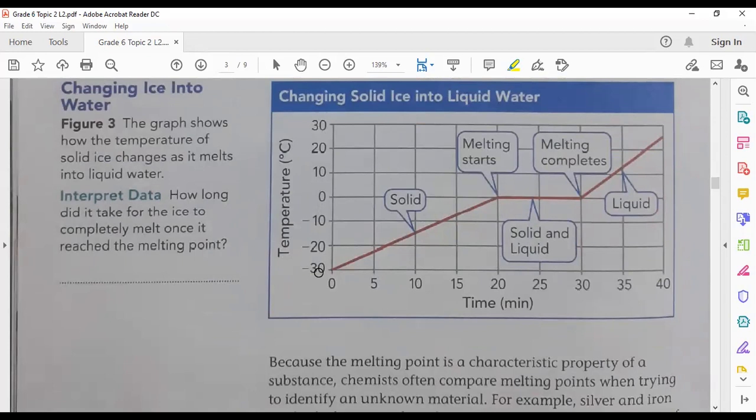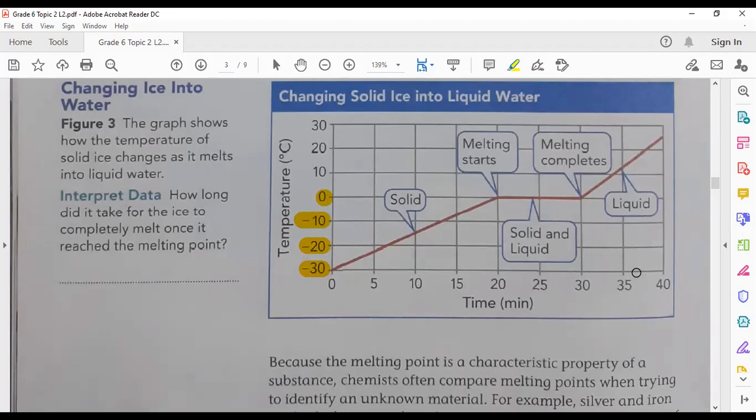And do you know that -30 is smaller than 0? -30 is smaller than -20. -10 is smaller than... Do you know this? Because it is farther from zero. Excellent. So we keep it in math. So when the temperature of the ice cube is 0, it is larger than -10, -20, -30.